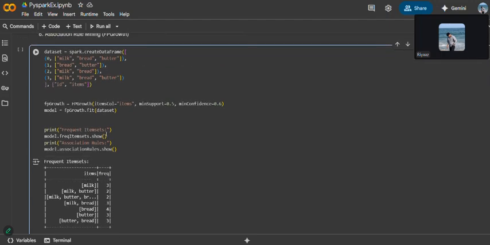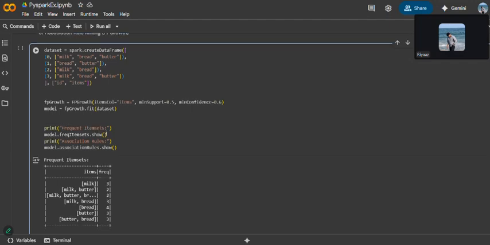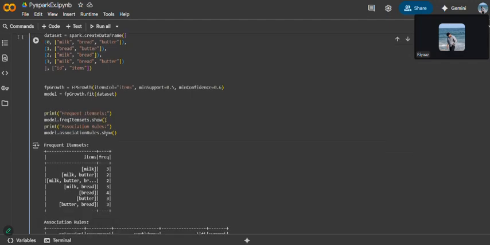It finds the frequent item sets and generates rules like if A is bought, B is also likely bought. Here milk appears three times, bread four times, butter three times, milk and bread together three times, and bread and butter together three times. According to the association rules, for milk and bread the confidence is 1, and for bread and butter the confidence is 0.75.